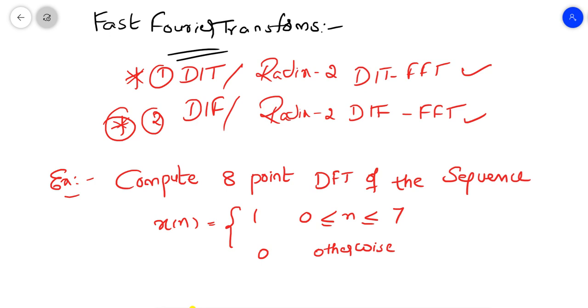To solve this, we use the DIT, decimation in time algorithm. So this is the problem.